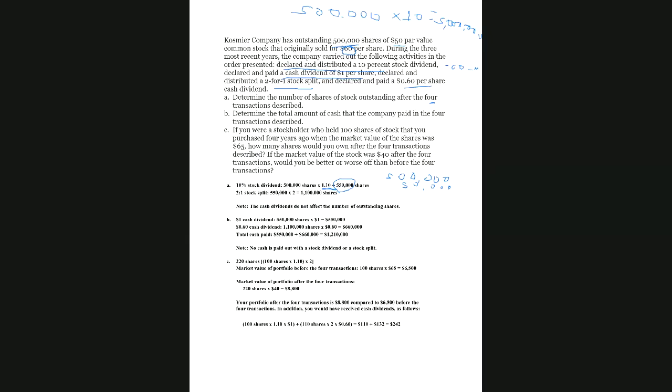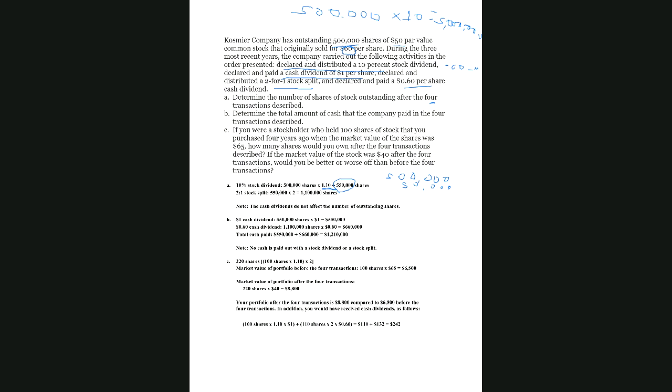You also had a cash dividend. Did the cash dividend affect the number of shares outstanding? No. Excellent, guys. Very good. You're getting it. However, when you had the 2-for-1 stock split, did that affect the number of shares outstanding? Yes. Very good.